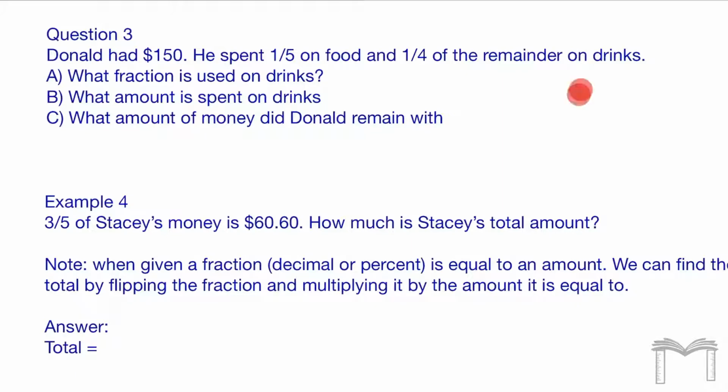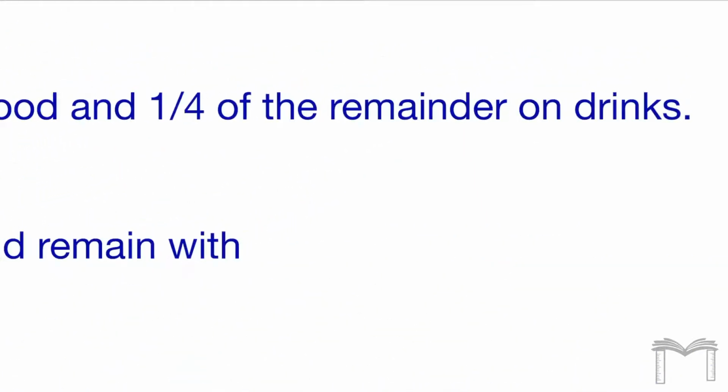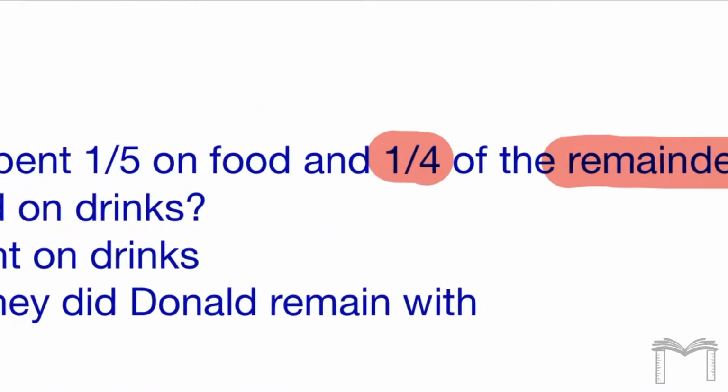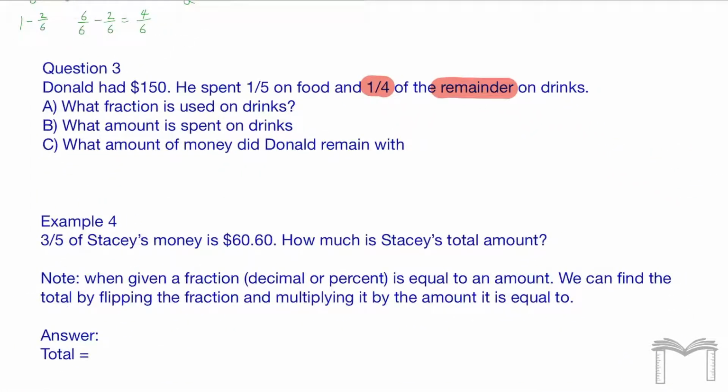So again, a quarter of the remainder. This is important. We first need to find the remainder before we can find a quarter of it. If we spent 1/5 on food, we need to find the remainder after spending 1/5 on food.